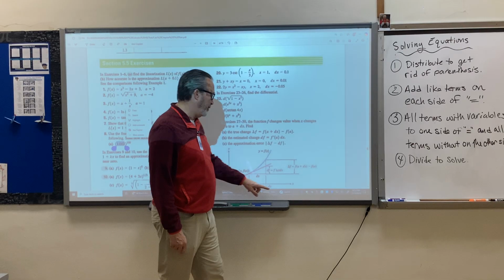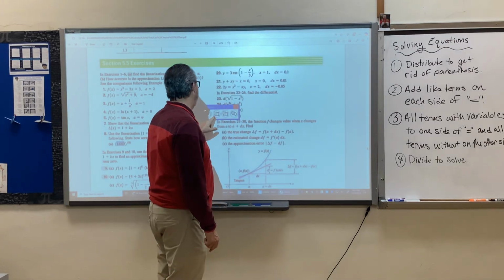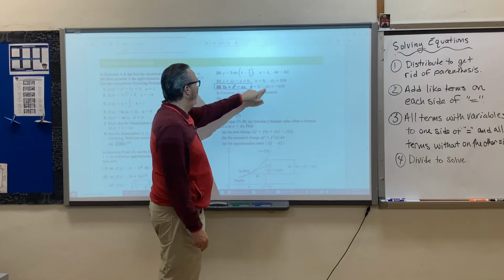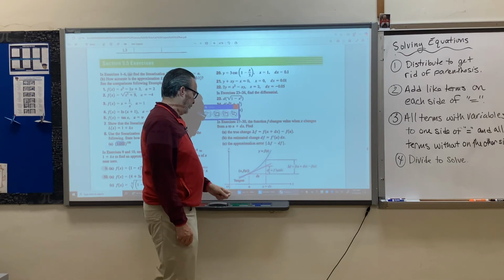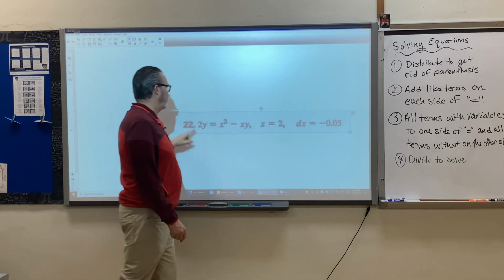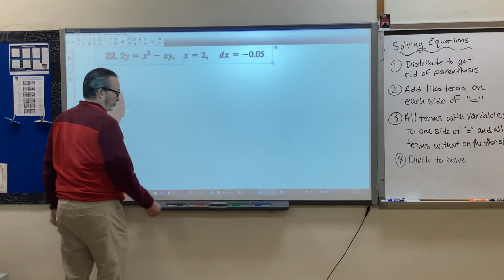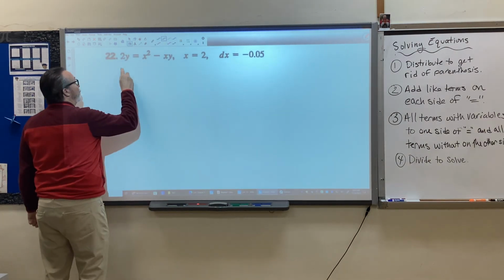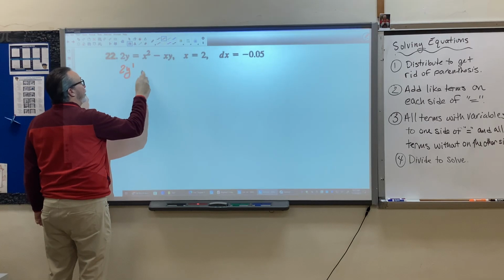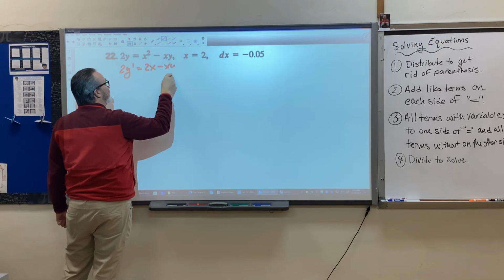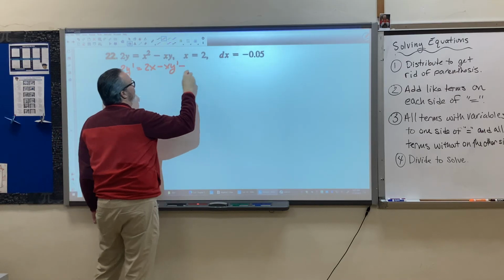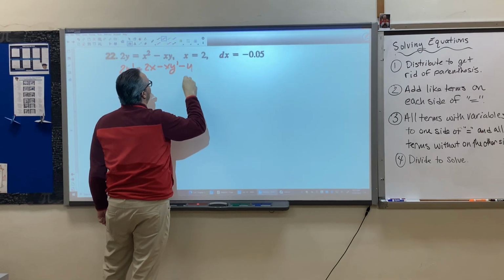Oh yeah, because we'll have x's and y's. First times the derivative of the second plus the second times the derivative of the first.